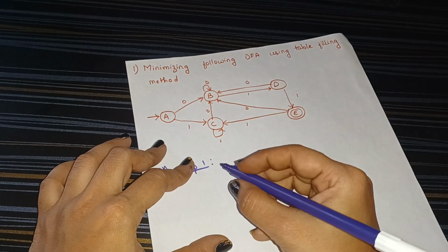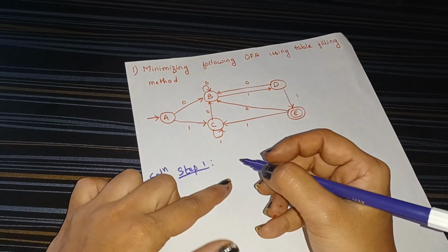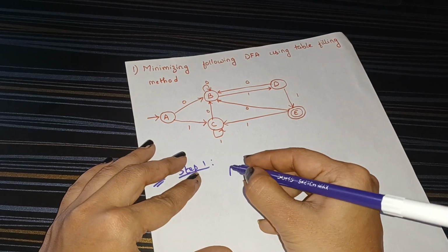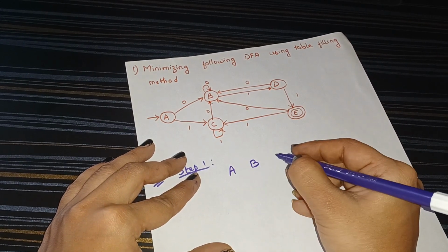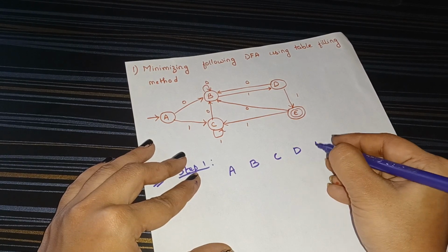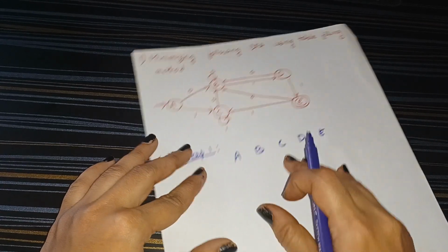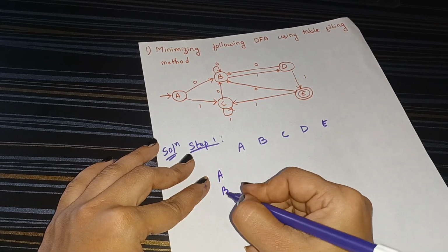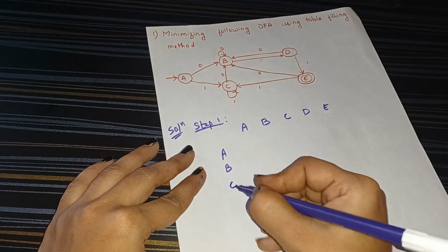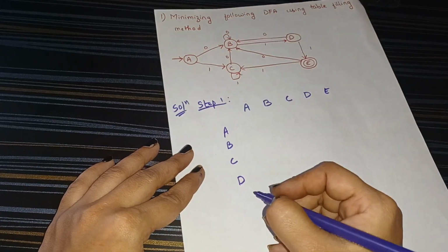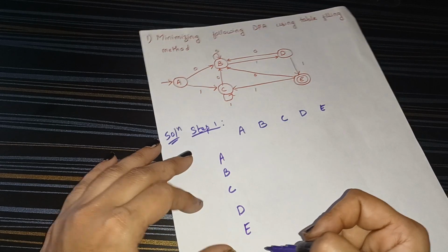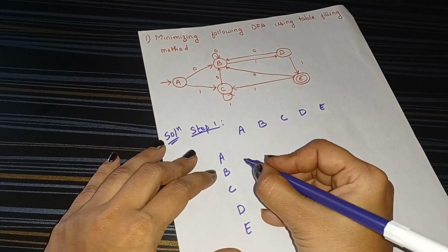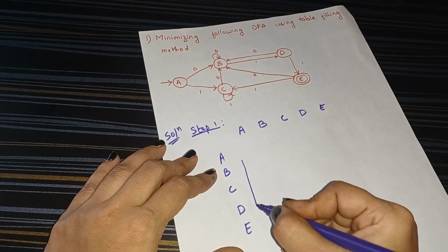In an NFA or DFA we will have inputs, a number of inputs, and a number of states. Here we will have states on both sides only. A, B, C, D, E, a total of 5 states are there. Here we will again mark the states A, B, C, D, E. So how will we draw this table?